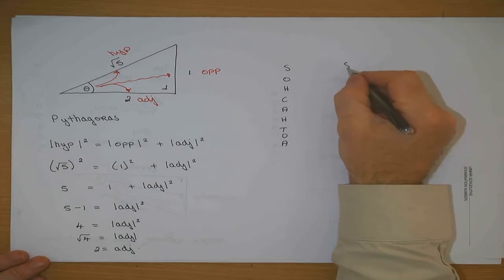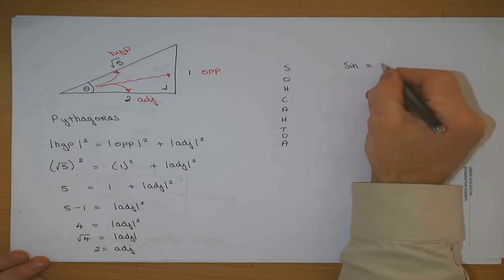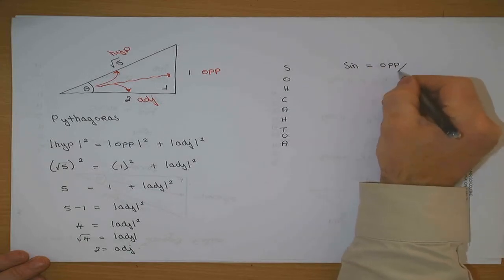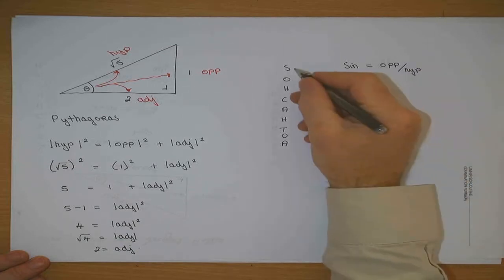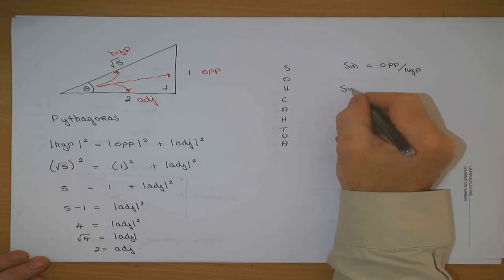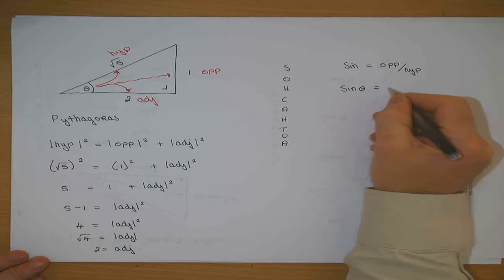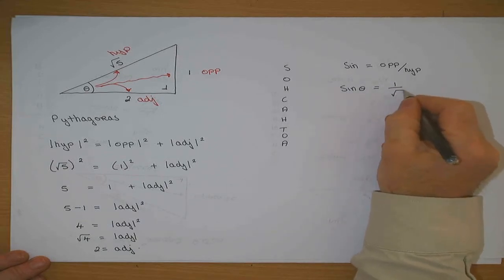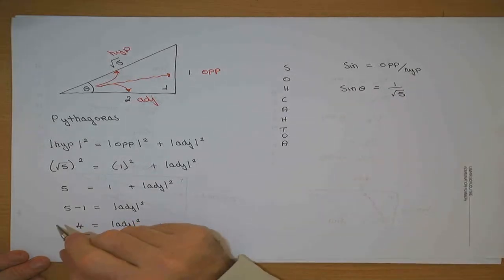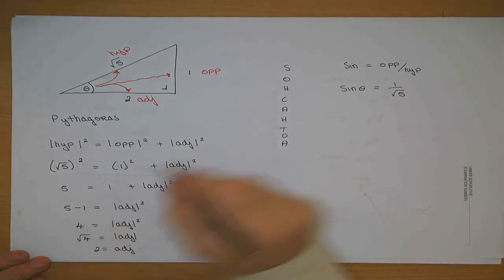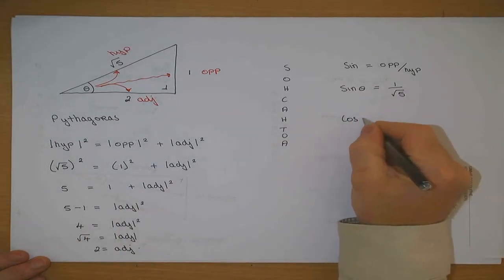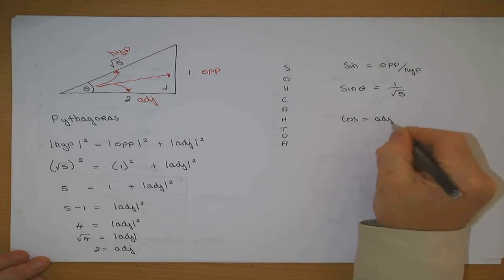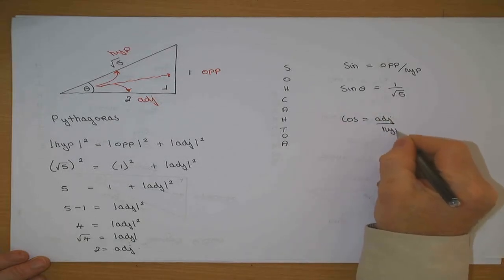In Sohcahtoa, the sine is equal to the opposite over the hypotenuse, SOH. The sine of my angle theta is, what's the opposite? 1 over root 5. The cosine is the adjacent over the hypotenuse.